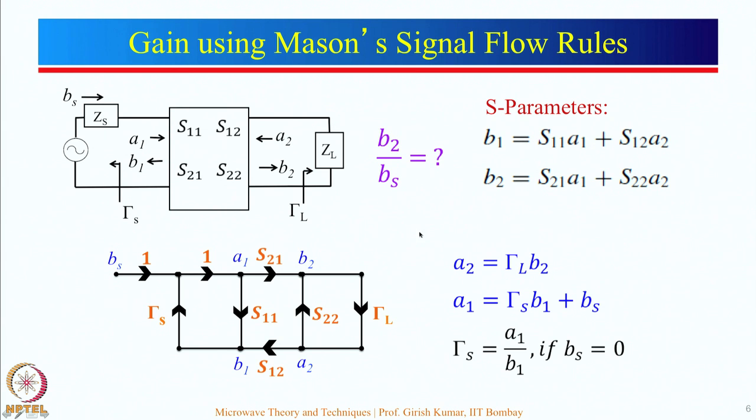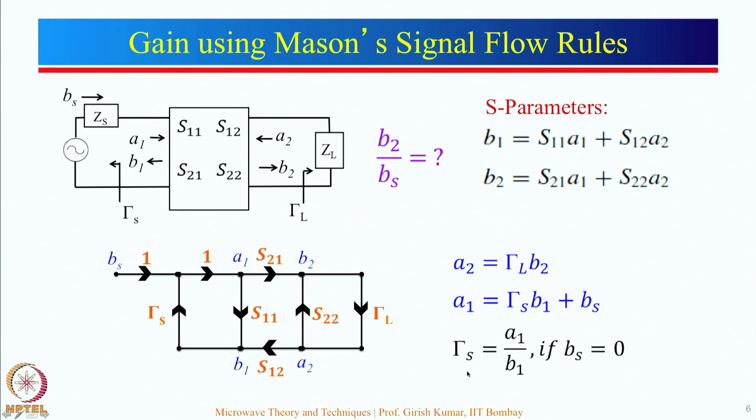So, now let us see how we can build this signal flow graph. We start again with the S parameters over here. We also know what A2 is, A2 is gamma L B2. You can just quickly check here, gamma L is the reflected wave, which is A2, divided by the incident wave. So, that gives us A2 equal to gamma L B2. What is gamma S?